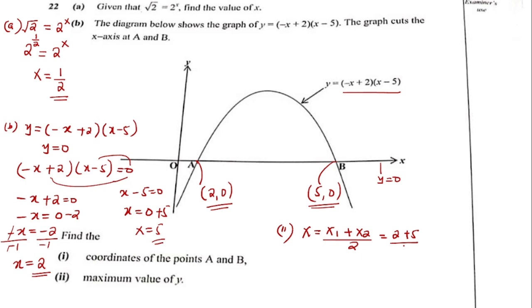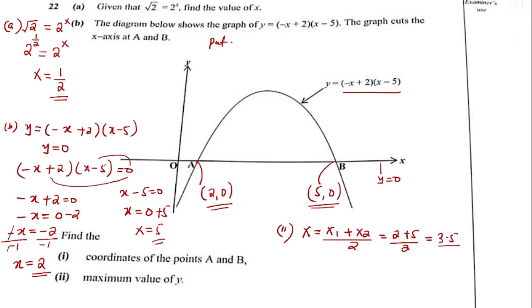Okay, so once you get 3.5 there, you can say, okay, put what? x equals 3.5 in y being equal to negative x plus 2 and x minus 5, like this.